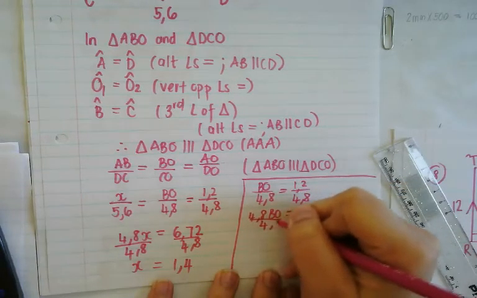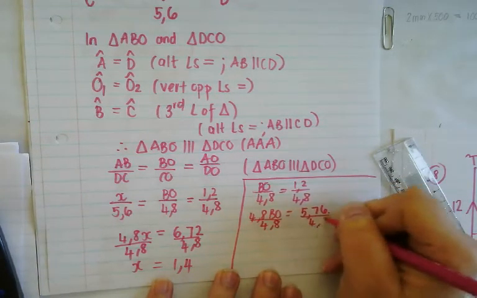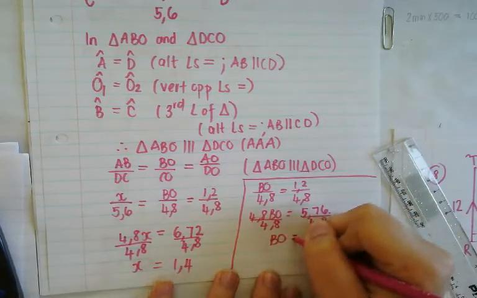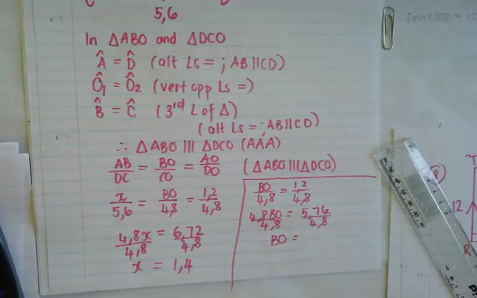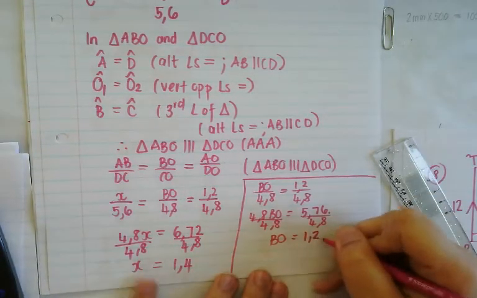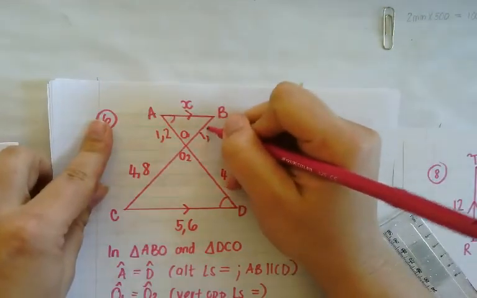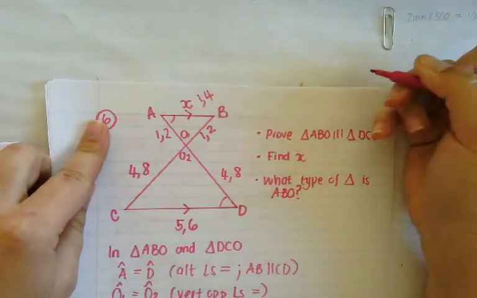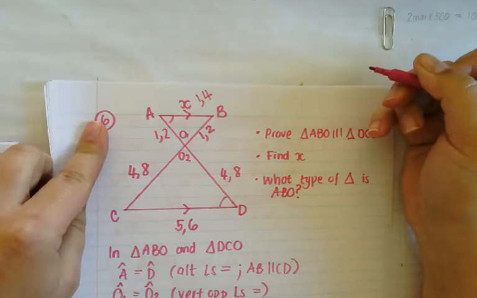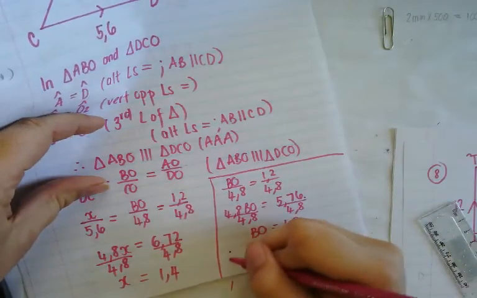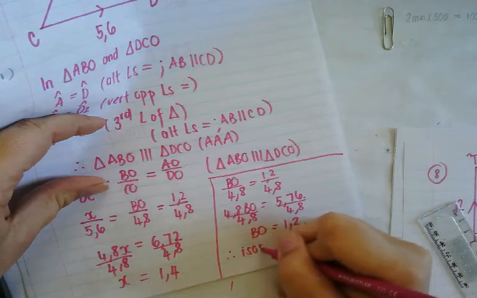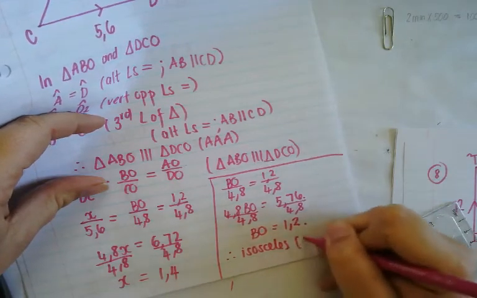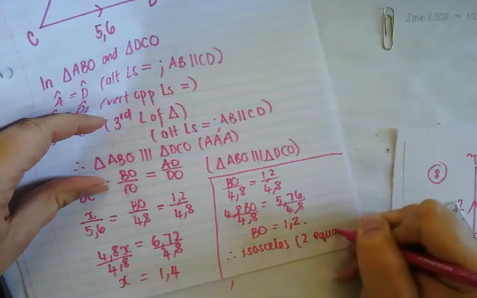Dividing both sides by 48, BO is equal to 12. So, going back to my triangle, since I have 2 sides that are equal, but this one is not equal, what kind of triangle is it? It's an isosceles triangle. And if I had to give a reason, 2 equal sides.